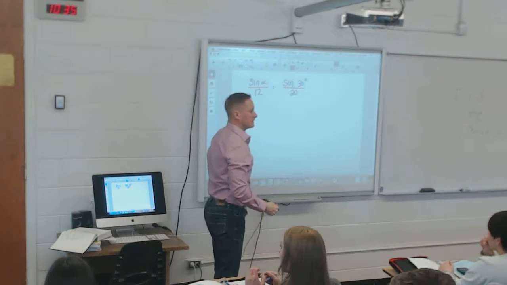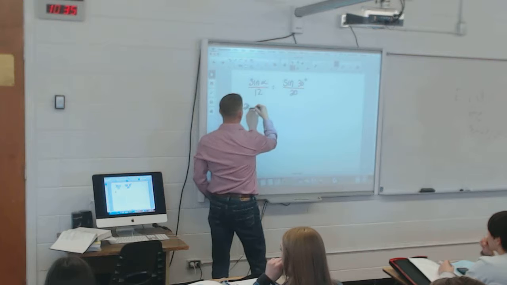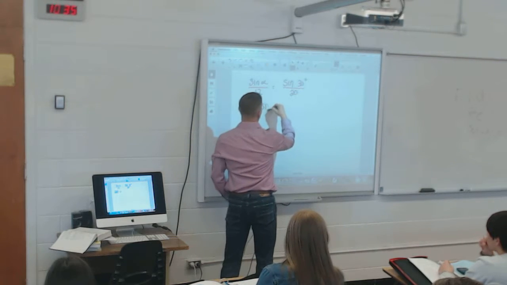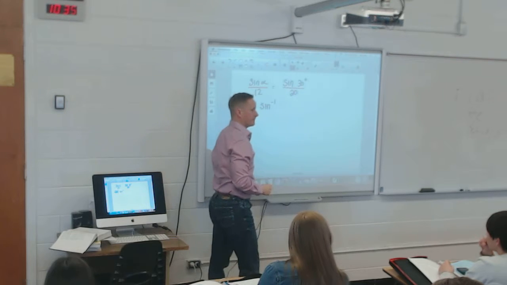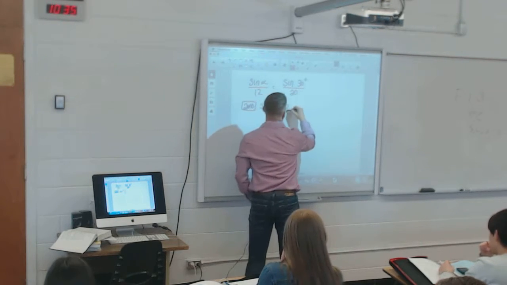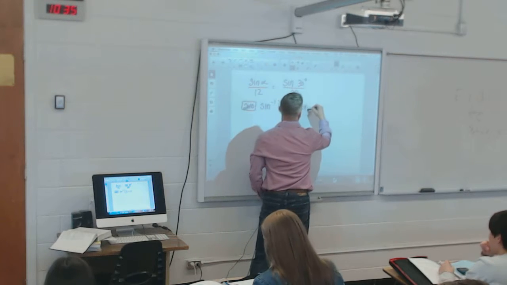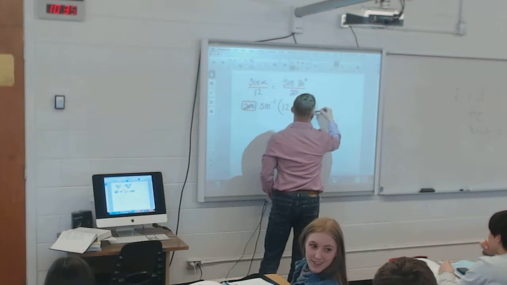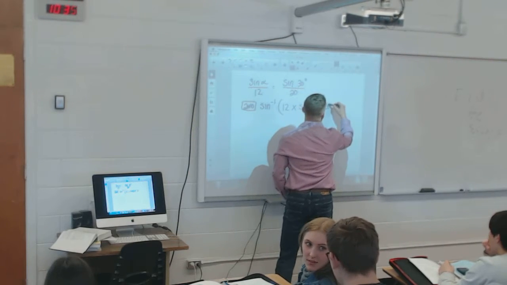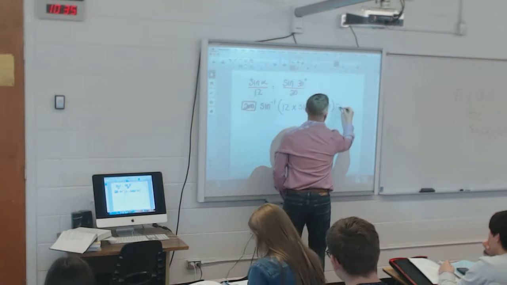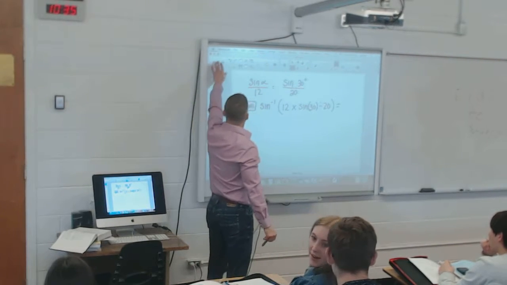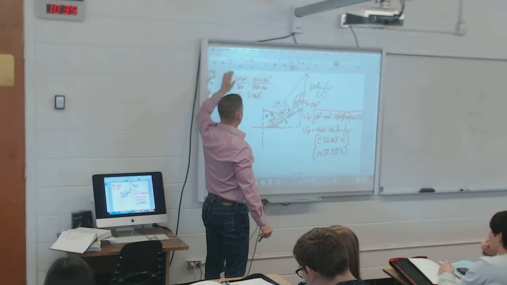So to keystroke this into your calculator: second function sine, then a bracket, 12 times sine 30, divided by 20, then close that bracket and hit equals. 17.45. Okay, so let's go back and try this one again.